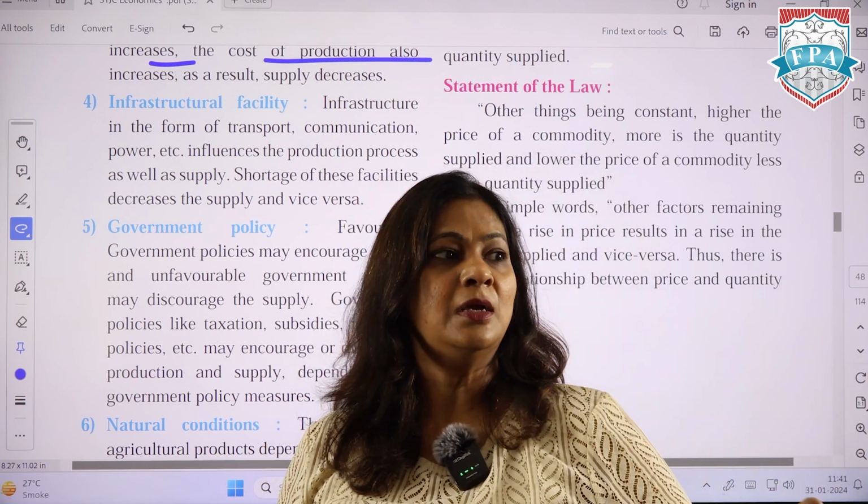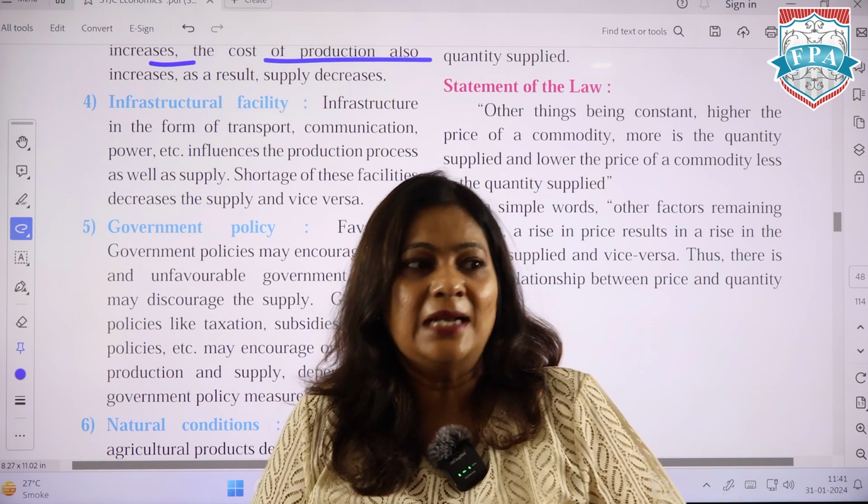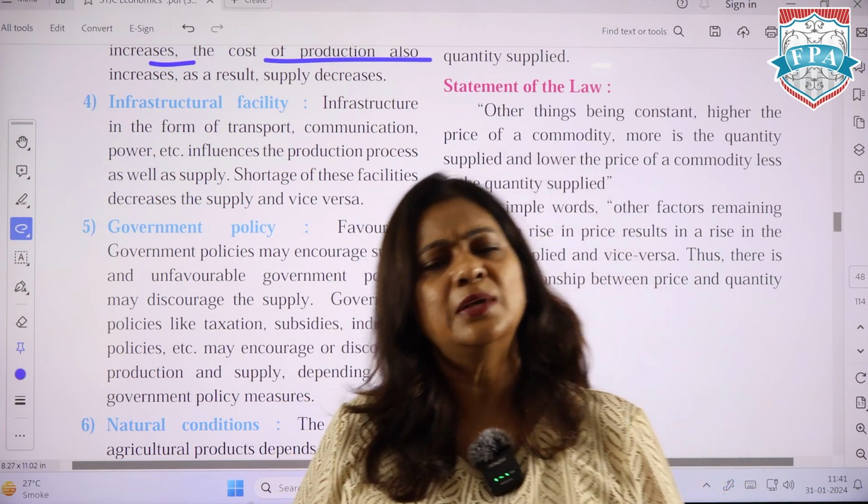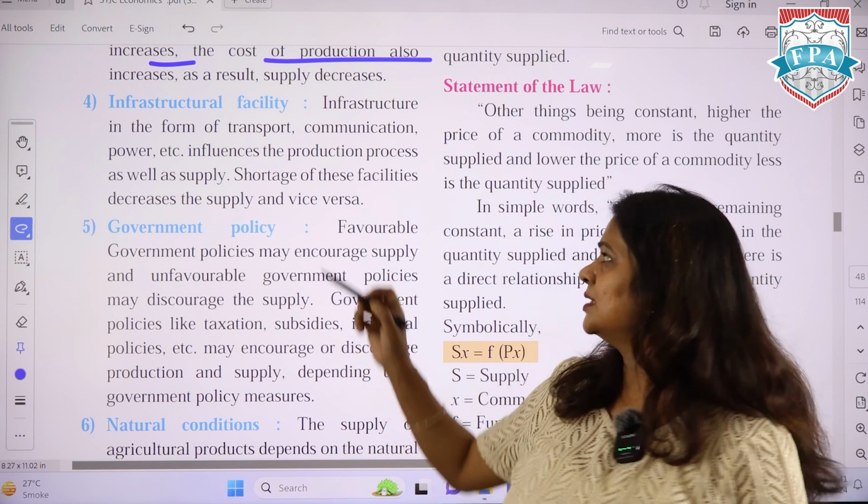Infrastructure facilities, this is very important. I can produce a good but I cannot send the good, or I cannot make that good reach the right customer, then what is my point in producing more goods? So that's what they're saying.